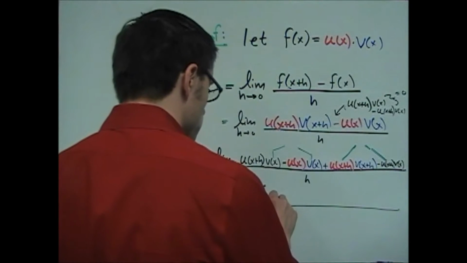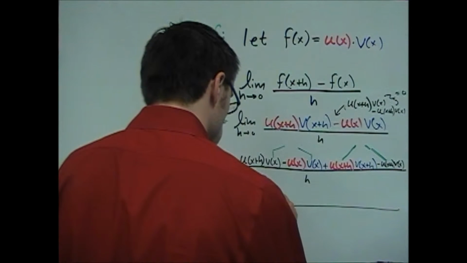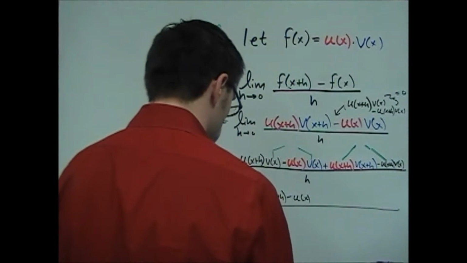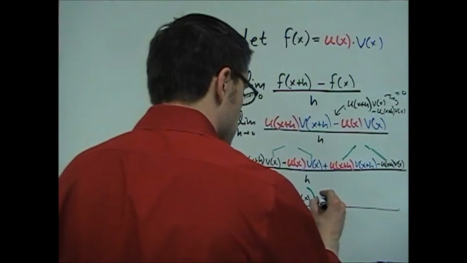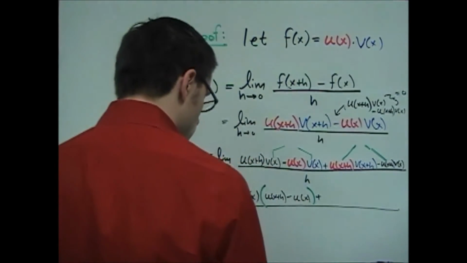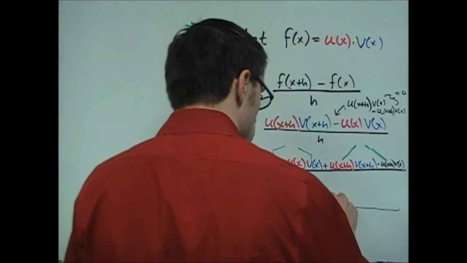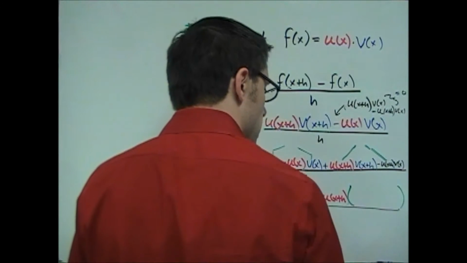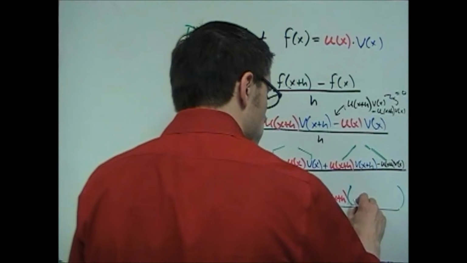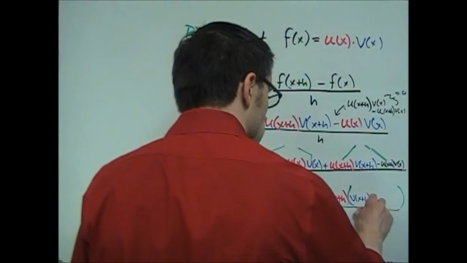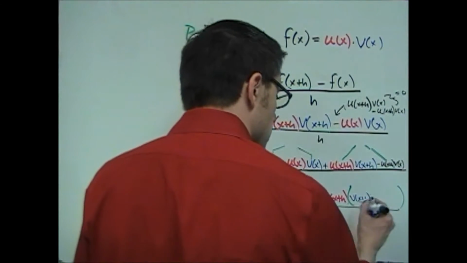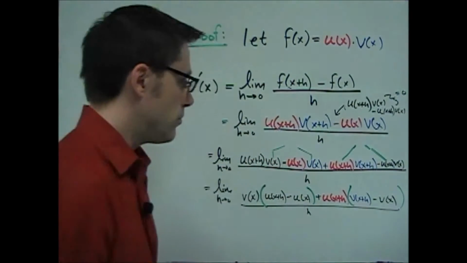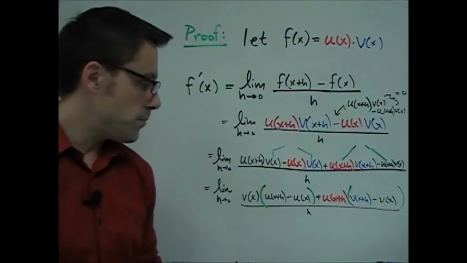What's left over is a u of x plus h, minus u of x, plus, if I factor out the u of x plus h over here, so this is a u of x plus h, if I factor that out of this second part, you can see that I have a v of x plus h left over, minus a v of x. And everything's over h. Okay, so I've just factored out these parts.